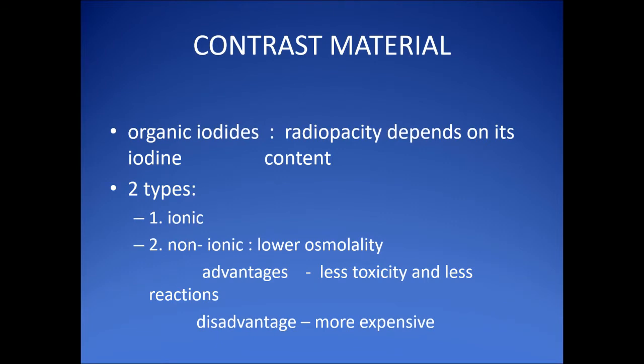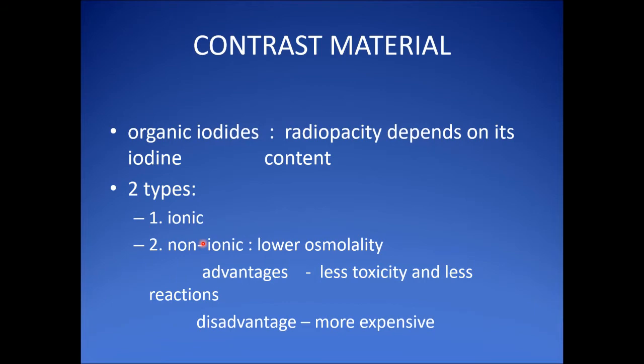The contrast material that we give in IVU is the same as the contrast agent that we also give in CT studies. They are organic iodides, and their radioopacity will depend on its iodine content. We have several preparations for this contrast material, an ionic and a non-ionic type.